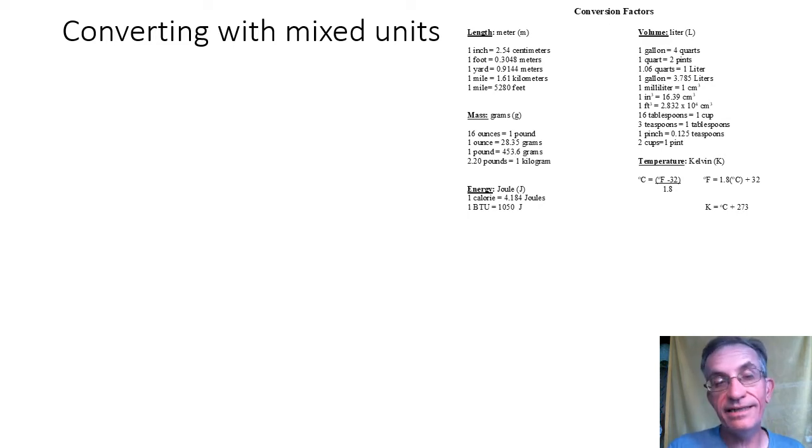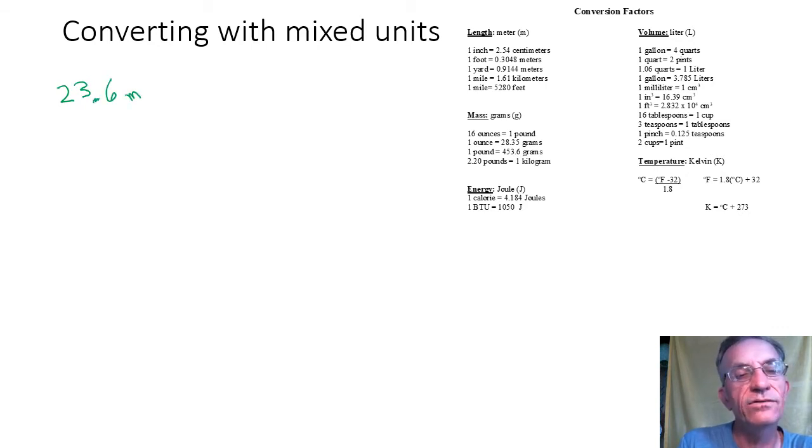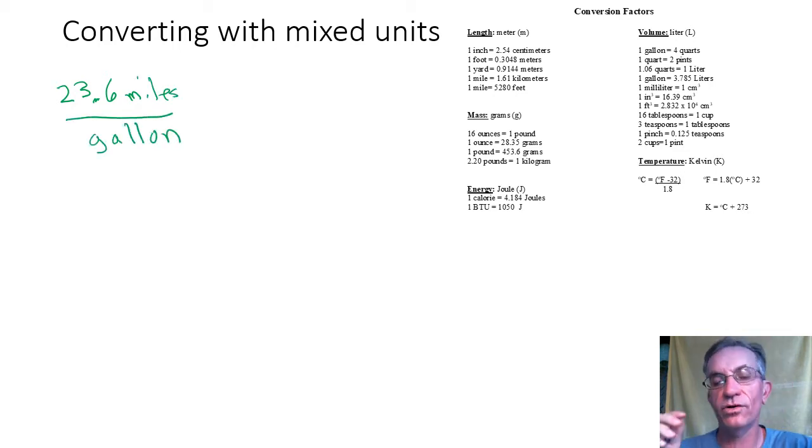It's kind of an old car, so the mileage is not terrible, but it's not great. 23.6 is what it might say. Miles per gallon, 23.6 miles per gallon. So that's how efficient my car is.